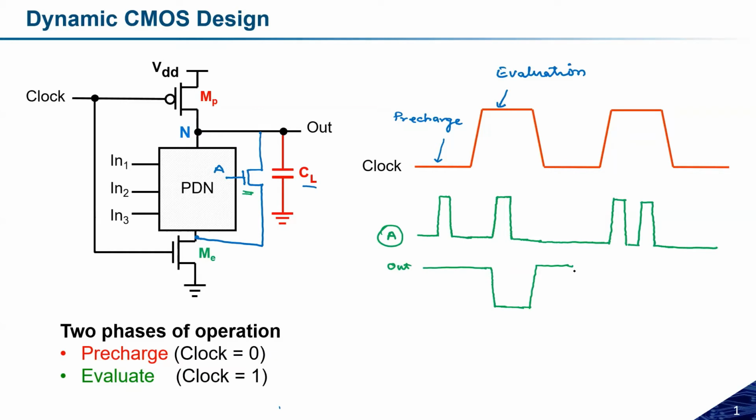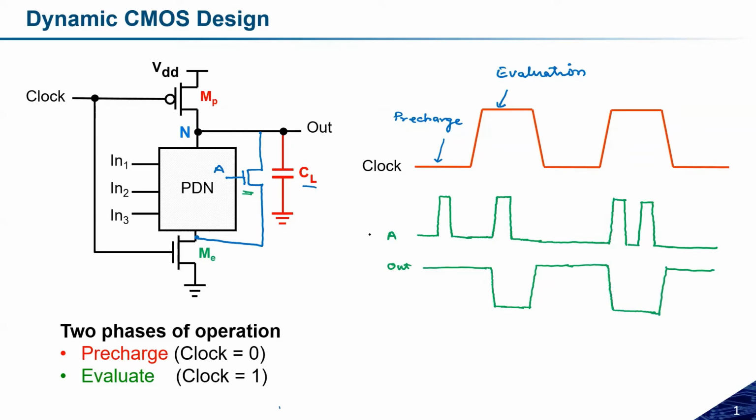So this will be charged, this will be evaluated at this time, and once it is evaluated, it will not evaluate the second pulse in the input in this particular cycle, and it will wait for the next precharge, and the output waveform will look like this one. So this is how this dynamic CMOS circuit works with the two different phases.